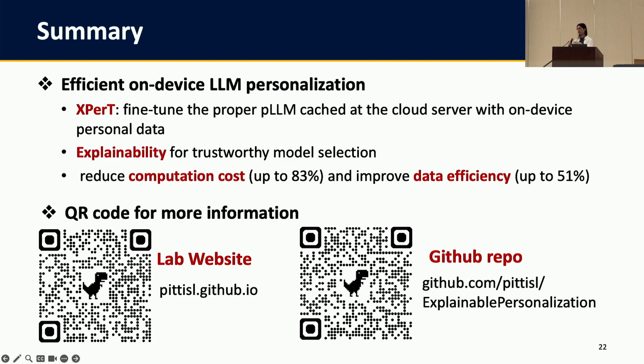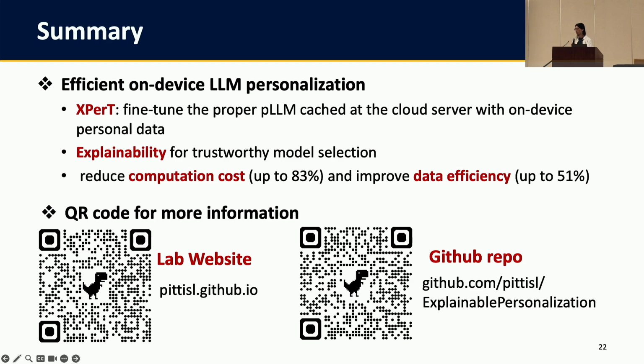We can use this set of models as the initialization of the pool of PLMs. And for the system, when new users continue to join, the pool of PLMs will continually extend, so that will benefit future users.